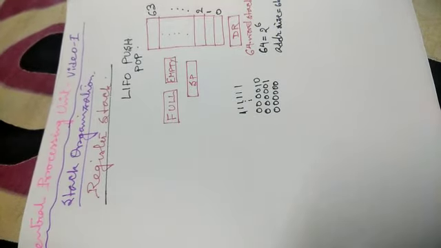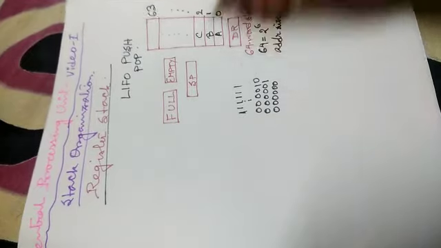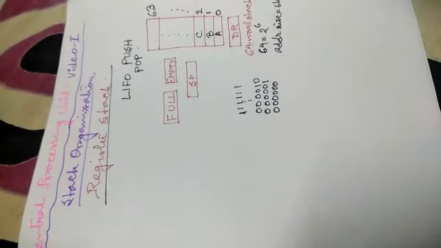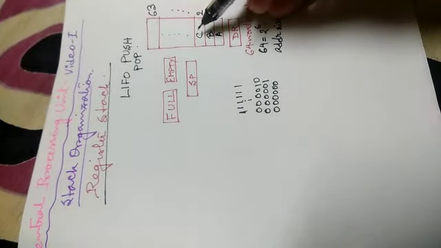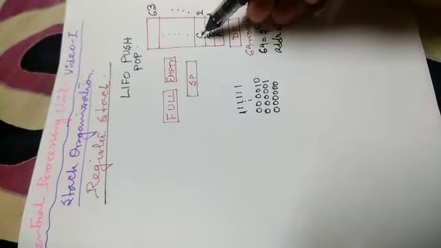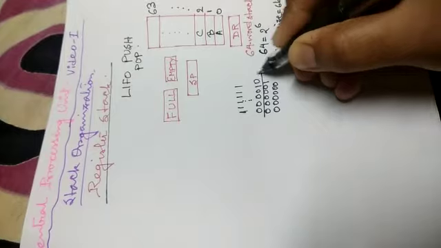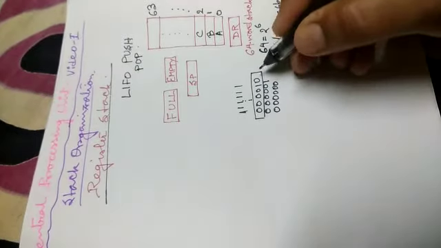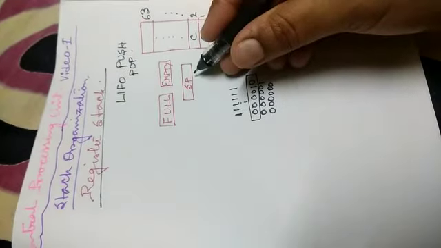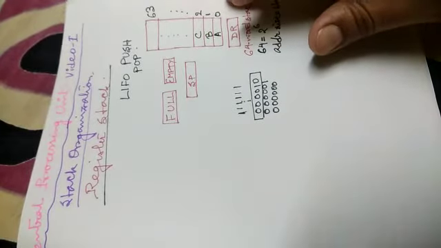Okay, now suppose A, B, C, these are the data kept in the stack. Okay, so top of the stack element is C. Now stack pointer will be holding the top of the stack element's address, that is 2. 2 means this 0 0 0 0 1 0, this is kept in stack pointer. Clear up to this? Okay.